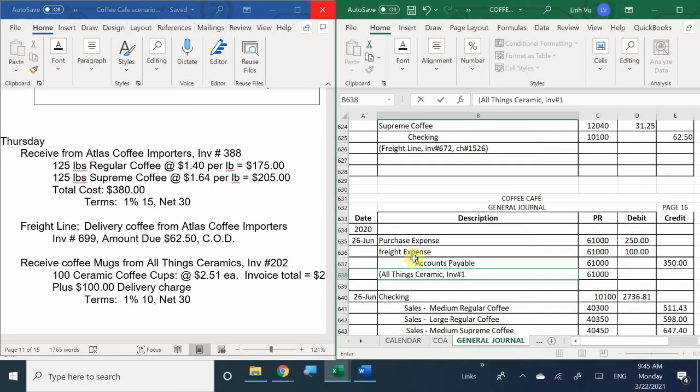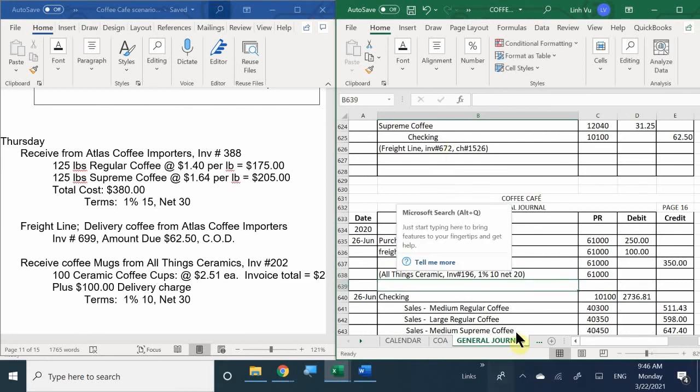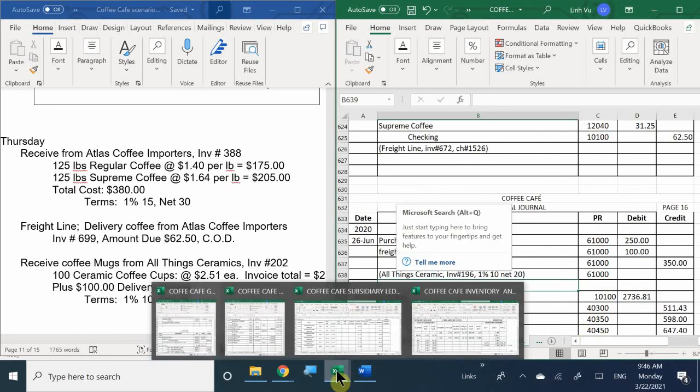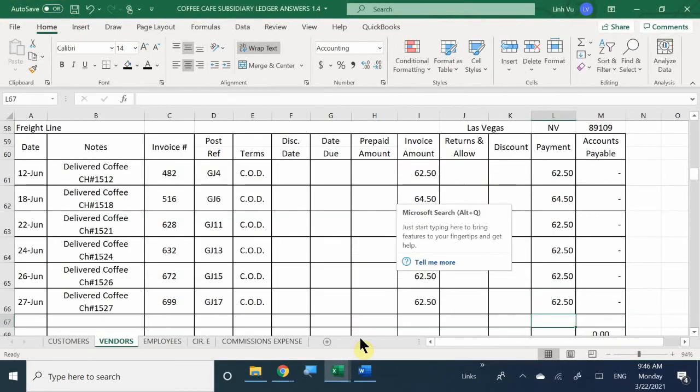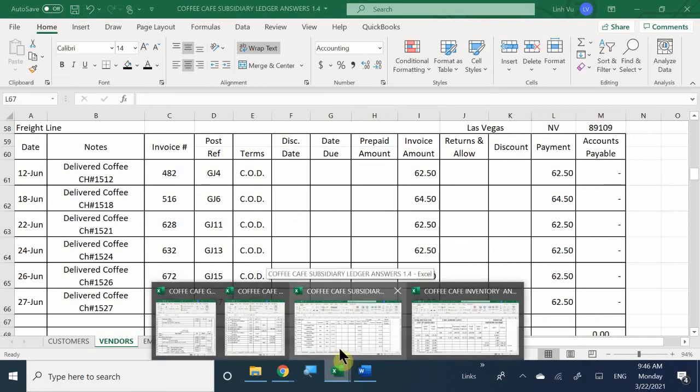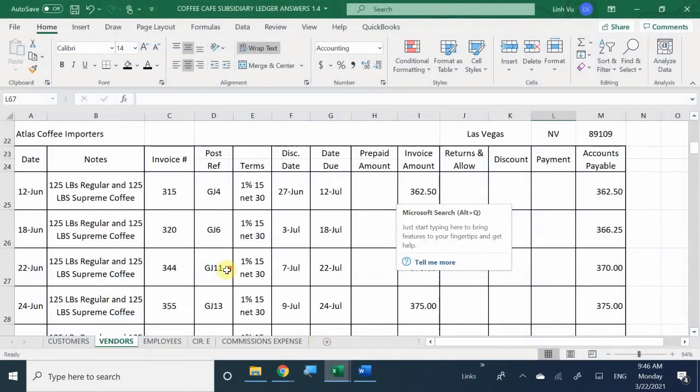I think it was like 196. I'll double confirm that in a second. Term should still be 1%, 10 net 20. So I'm gonna go ahead and take a look real quick what happened here. So it's for 672. Wait, wrong one. It is All Things Ceramics.